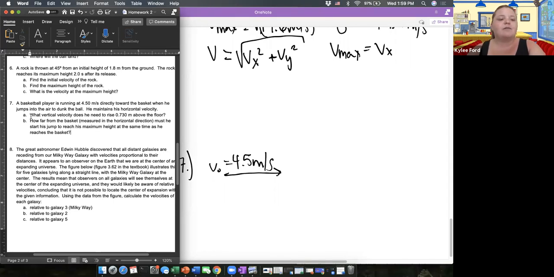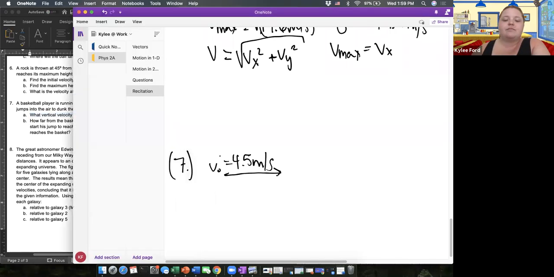Okay, so for number 7, part A, what vertical velocity does he need to rise 0.73 meters above the floor? Okay, so this one is a little bit funny when we think about it.